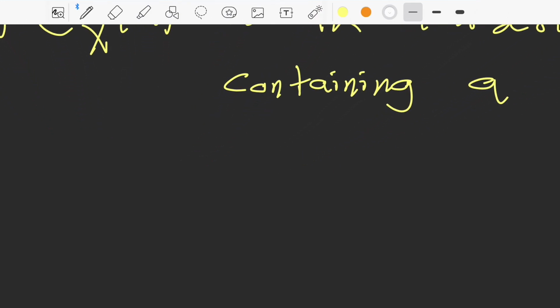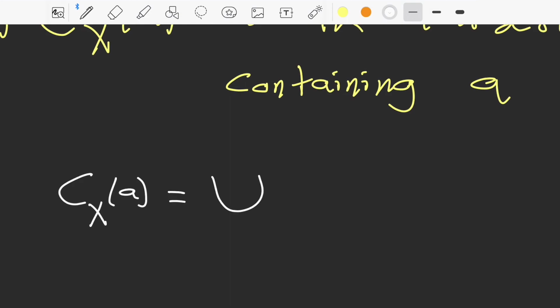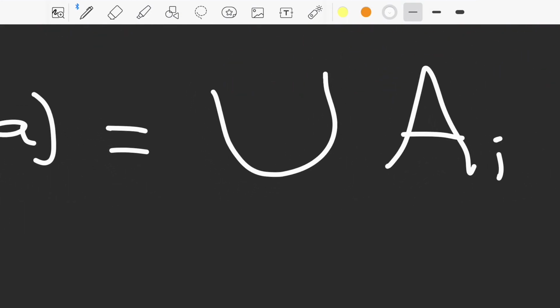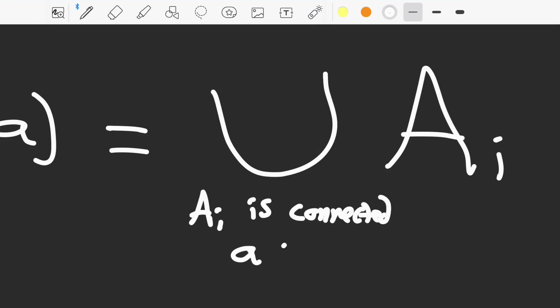If we write it in symbols, this is the union of all A_i, where A_i is connected, and also A itself is in A_i.